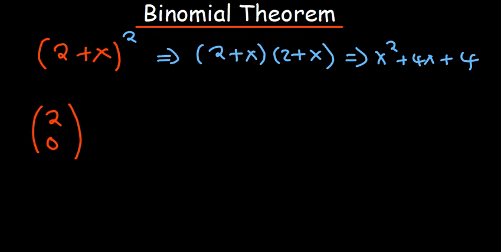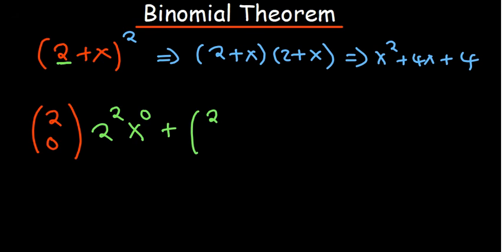The first part, which is our a, is our 2 there. I said it is going to be to the power of the difference between n and what you have as your binomial coefficient, so 2 minus 0 is just going to be 2. And then your b in this case is x itself, so x will be to the power 0, plus.